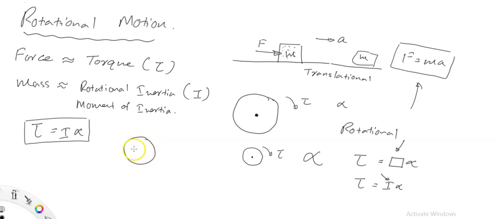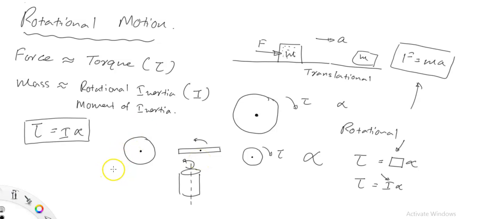It doesn't need to be a circle all the time. It can be anything that rotates. It can be a rectangular object that is rotating around a fixed axis. It can be a cylinder that rotates around some axis. It can be a sphere. So for any kind of object, we can define rotational inertia.